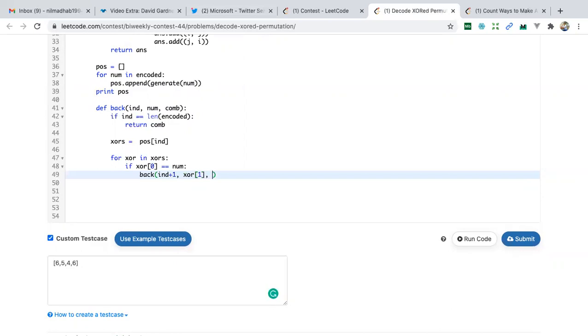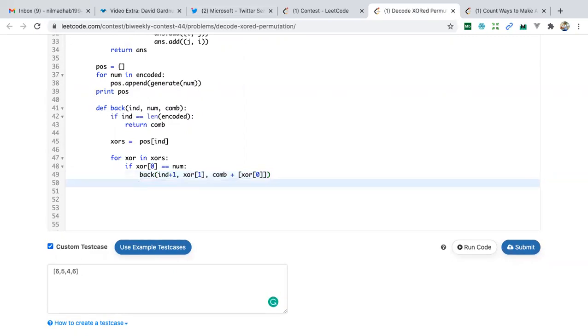The second number. And combination, you have to add this number in the combination. So combination plus this XOR 0, right? This is the thing. And if you get the answer, then return the answer.